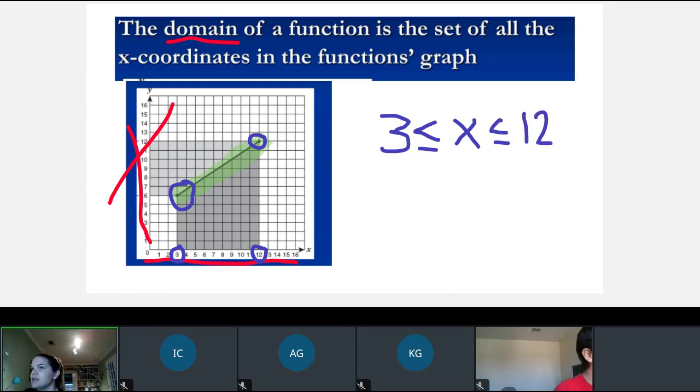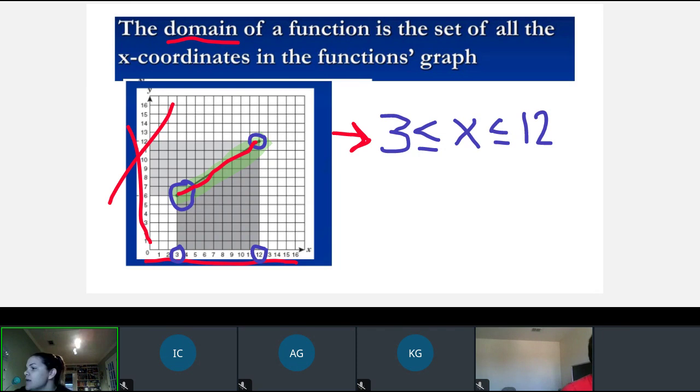So what this means, with x in the middle, is that X is greater than or equal to 3, but less than or equal to 12. So every number between 3 and 12 on my graph is included because it's a straight line, it's continuous, there are no gaps, there are no holes.